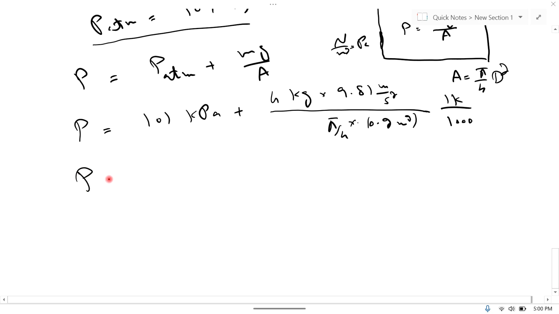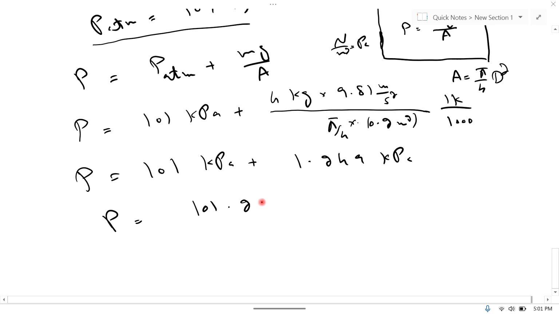Now calculate this, which is equal to 101 kilopascal plus, with pi value 3.14, 1.249 kilopascal. So total pressure is equal to 101.249 kilopascal.